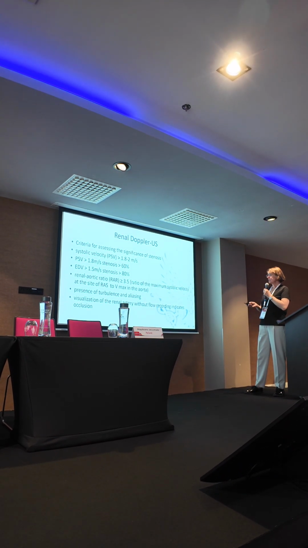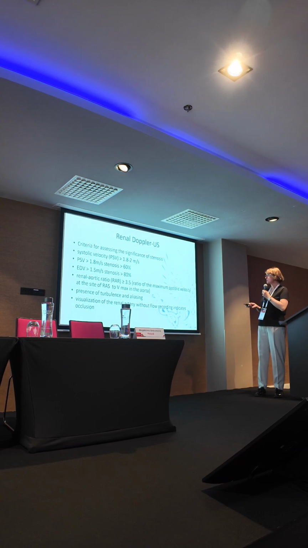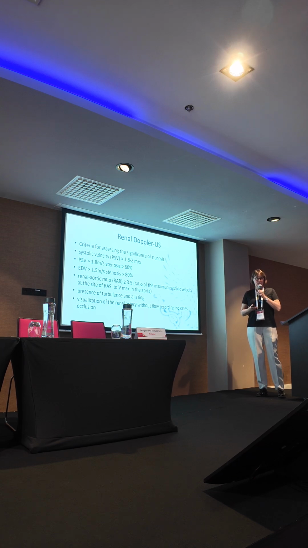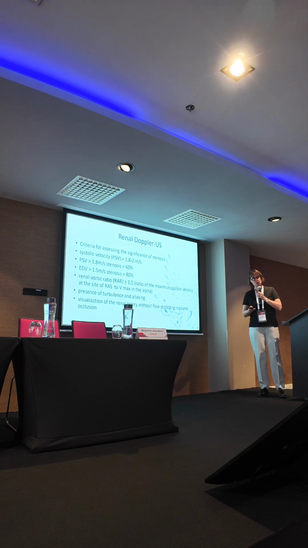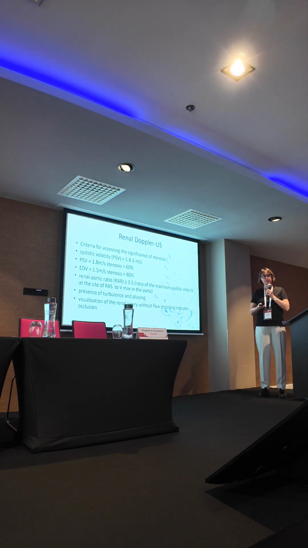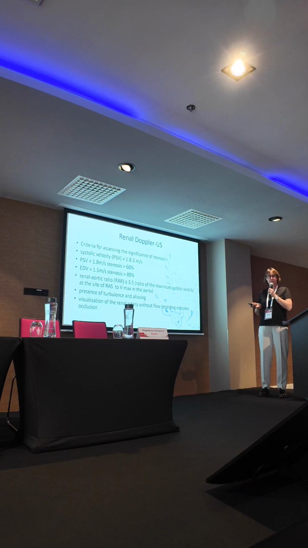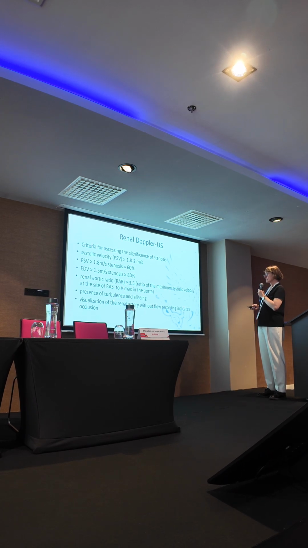If the renal aortic ratio is higher than 3, or equal or higher than 3.5, it is a real diagnosis of stenosis. Sometimes it's hard to obtain because we cannot reach the ostium, we cannot get a proper measurement. So very often I look at the end systolic velocity. The higher the end systolic velocity, the more important is the diagnosis of renal artery stenosis.